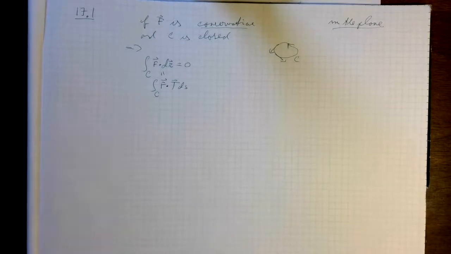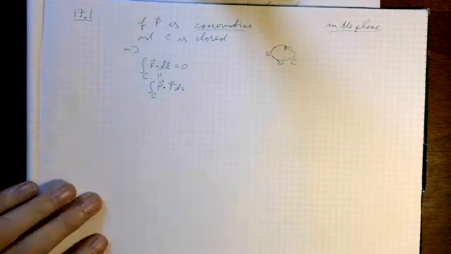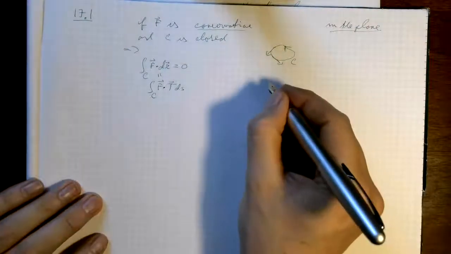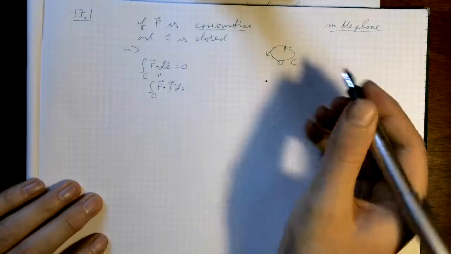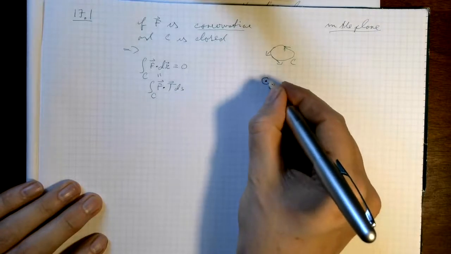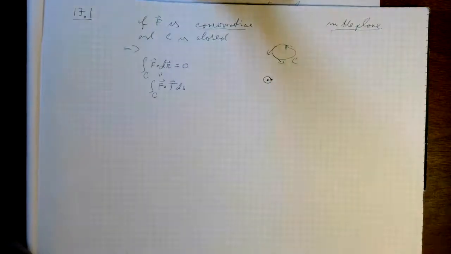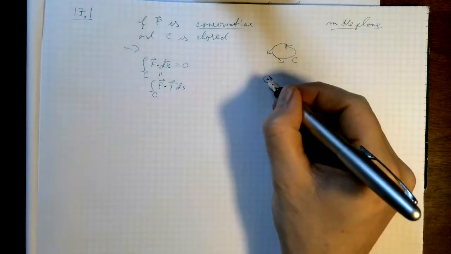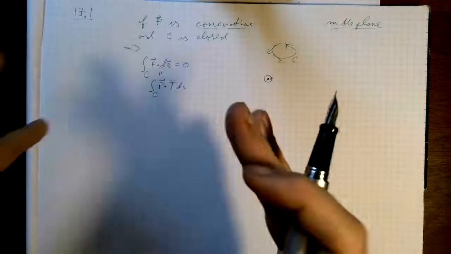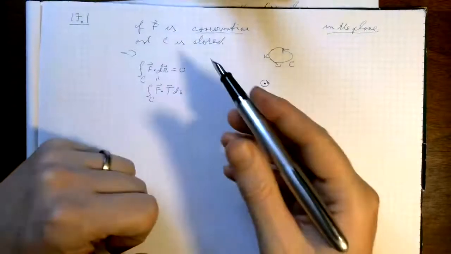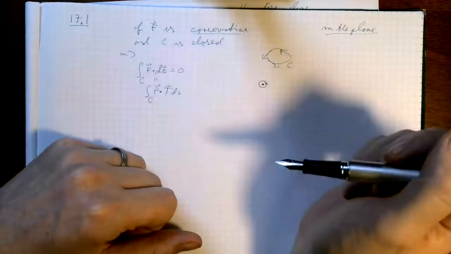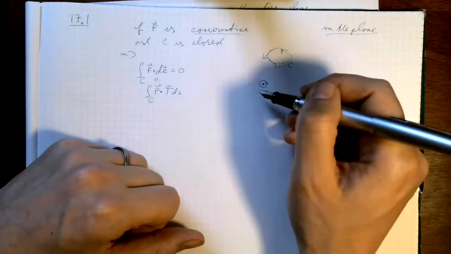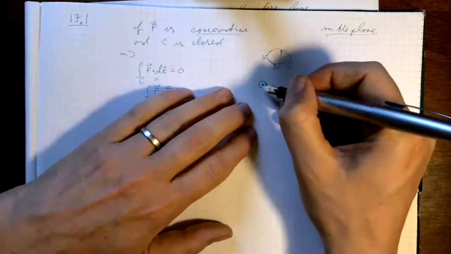So if you had a little rubber duck at this point, and you computed the circulation around a really tiny disk around it, floating on water which is flowing around with velocity f, then if it's irrotational, if f is conservative, the rubber duck is not going to move.